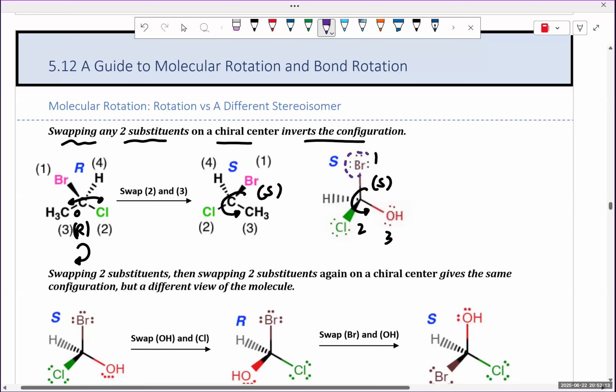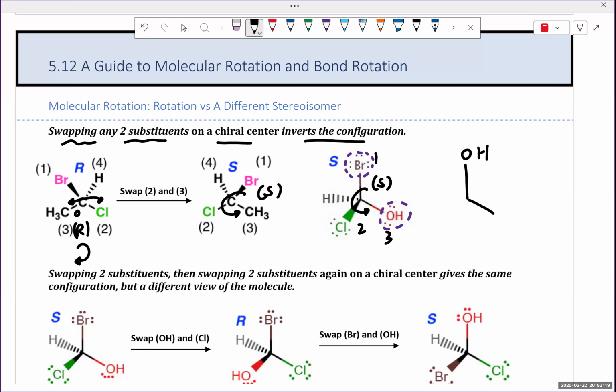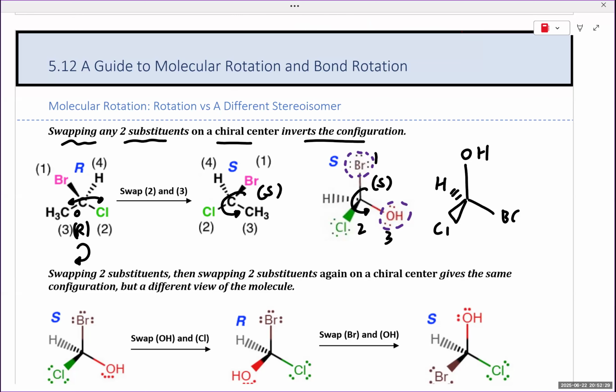So I'm going to swap the bromine and the alcohol. Let's draw the molecule with the bromine and alcohol swapped. As we can see now, in terms of priority, tracing 1, 2, 3, from highest to lowest priority, it's now a clockwise rotation. This center is now R.